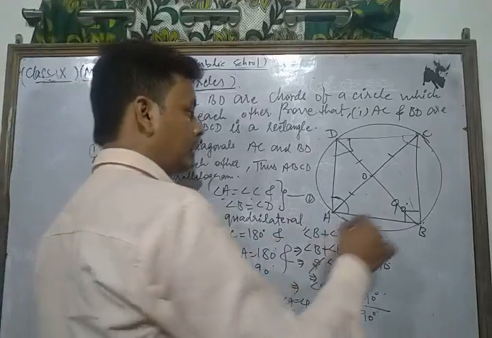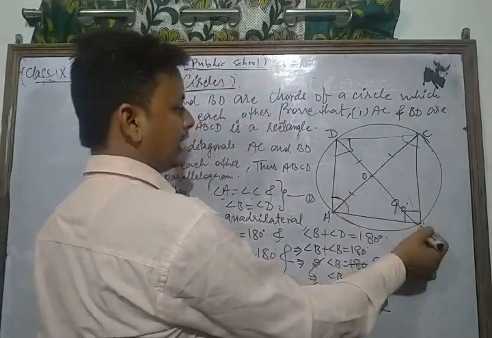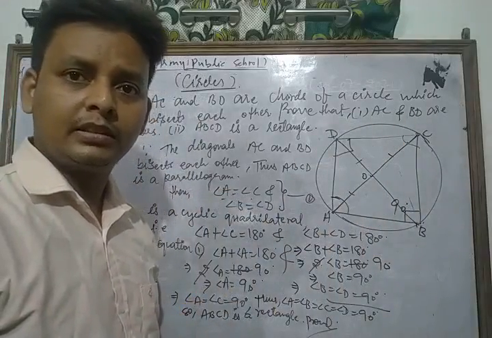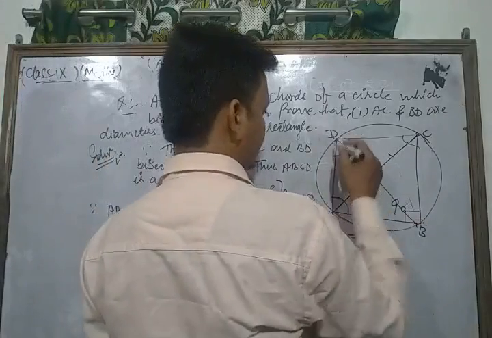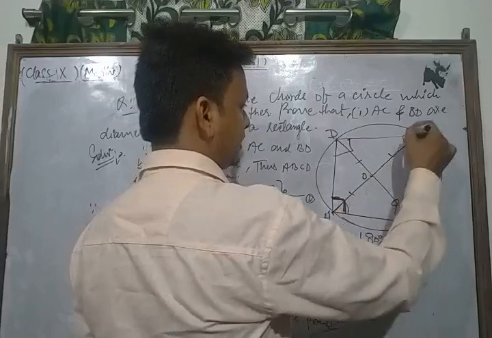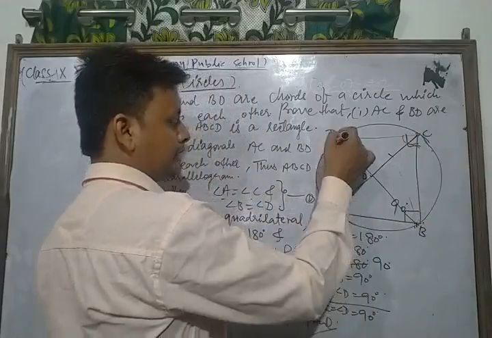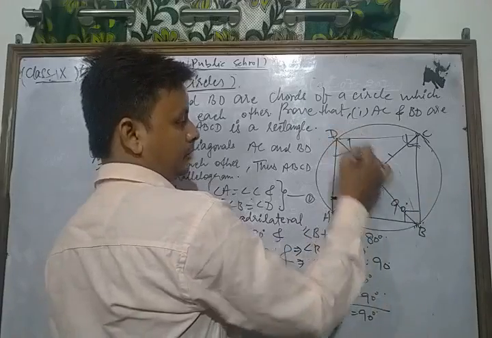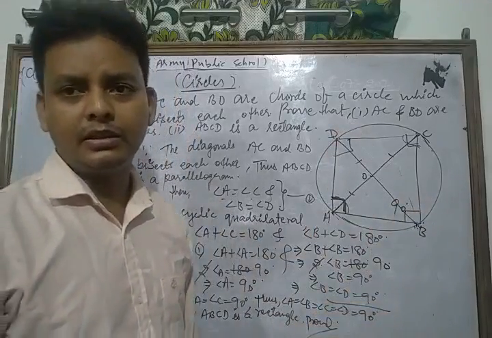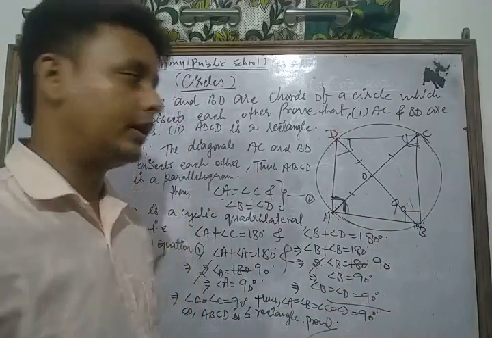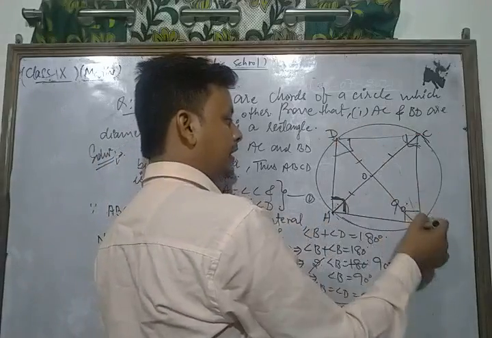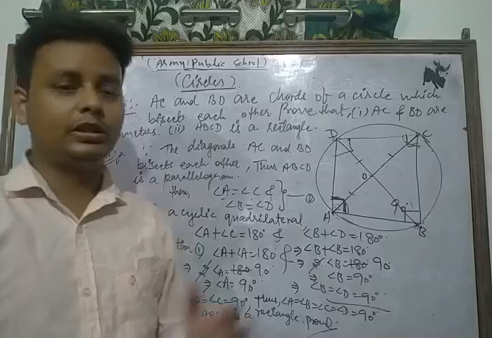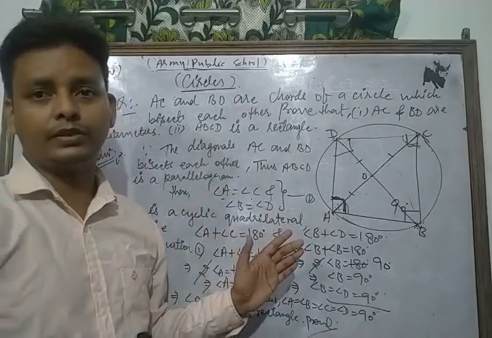Similarly, if we take BD and consider arc BAD and arc BCD, then if we consider arc BAD, this is 90 degrees and this is also 90 degrees, so BD is a diameter of the circle, because we know that the angle in a semicircle is 90 degrees. So BD and AC are the diameters of the circle. This is the concept of that question.